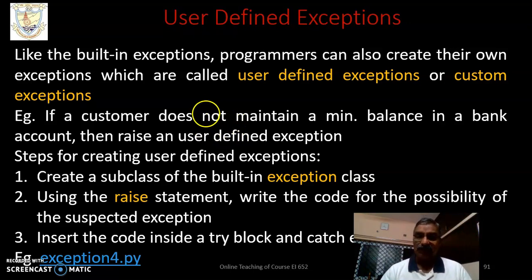I will give you an example. If a customer does not maintain a minimum balance in a bank account, normally nowadays in an SB account there must be a minimum of 1000 rupees for without checkbook. For with checkbook, say 2000 rupees minimum balance is to be maintained.